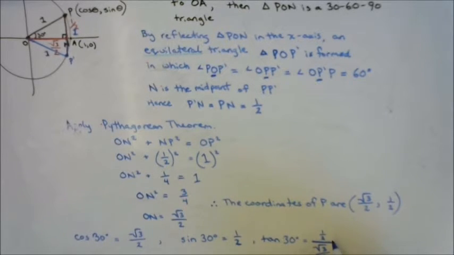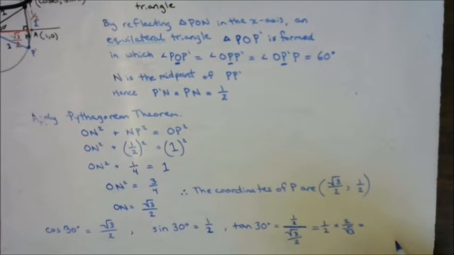Which would give you 2 in the numerator and 2 times radical 3 in the denominator. I'm going to just rewrite it proper. So that's saying 1/2 times 2 over radical 3, which is, the 2's cancel out, it's just 1 over radical 3.